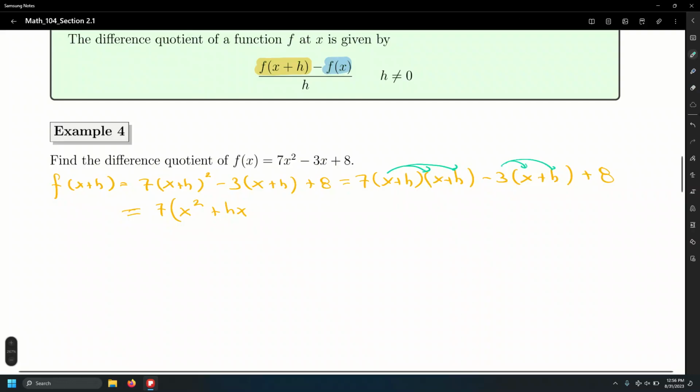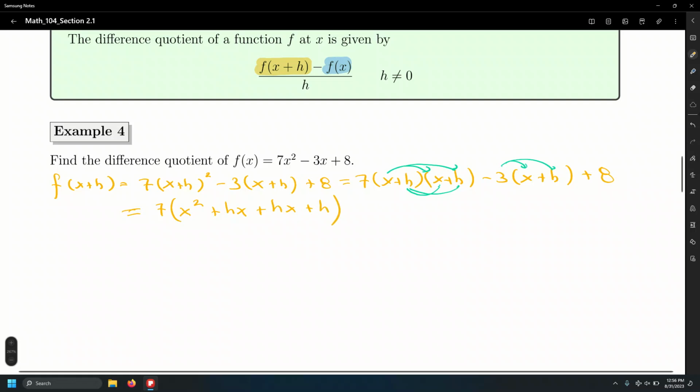Let's do the same over here. Now we're going to FOIL the h with the x and h with the other h. So h with x, h with h. That's going to give us plus hx and then h times h, plus h squared.